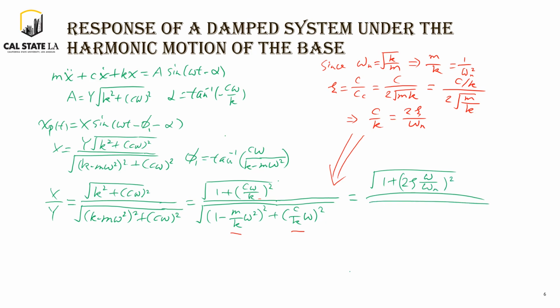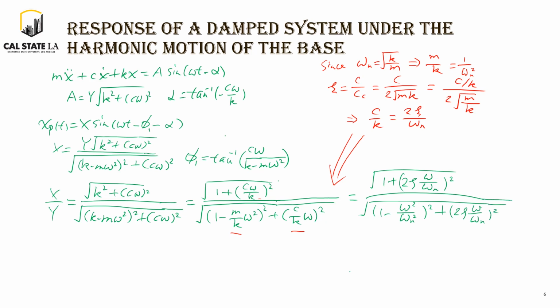And the denominator becomes 1 minus m over k. What is m over k? We already did that: it's 1 over omega n squared, times omega squared, so it becomes omega squared over omega n squared, plus c over k, which we already got, 2 zeta over omega n, times omega squared.